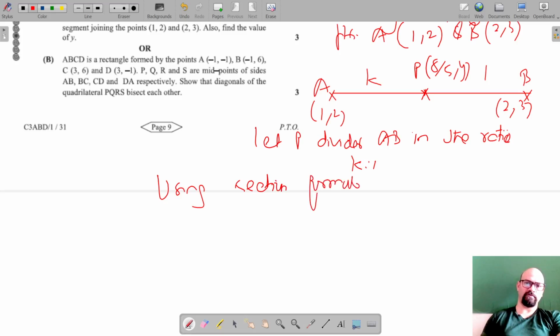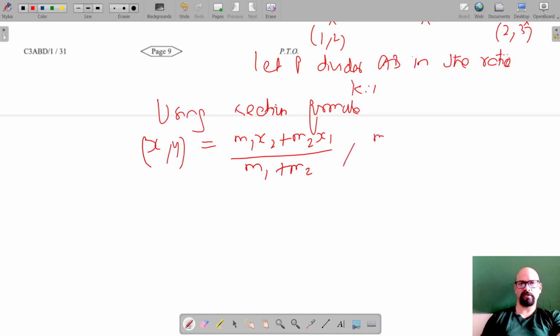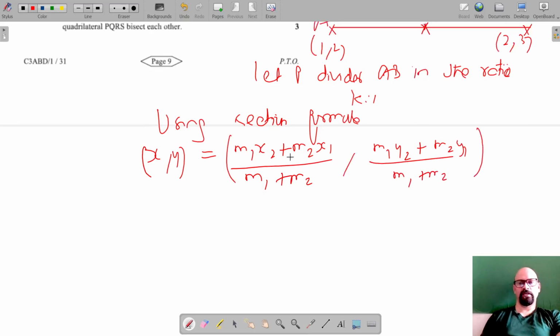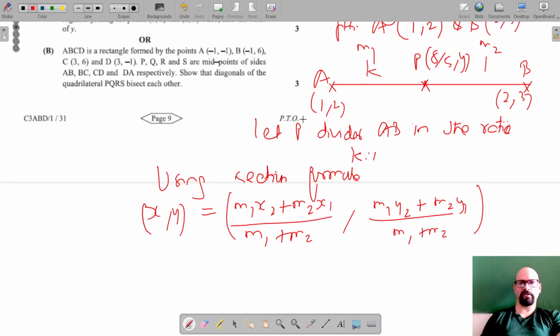Using the section formula, which gives us the coordinates of the point that divides the line segment in the ratio k:1, this is equal to (m1x2 + m2x1)/(m1 + m2) and (m1y2 + m2y1)/(m1 + m2). Now this m1 is k, m2 is 1, and these are x1, y1, and these are x2, y2.